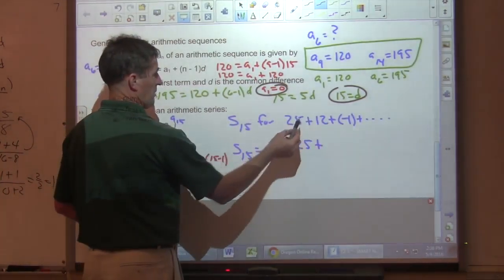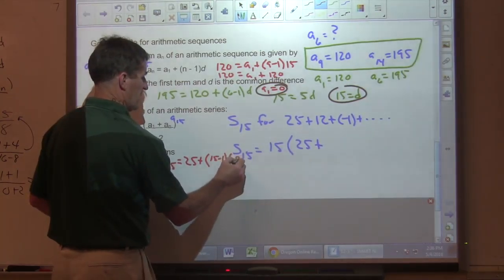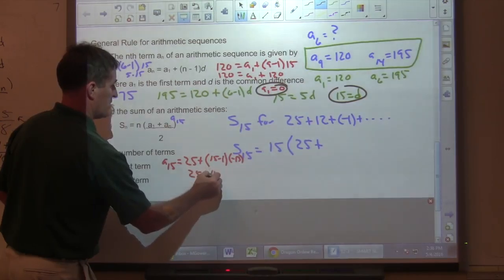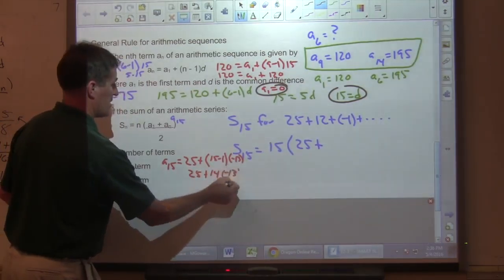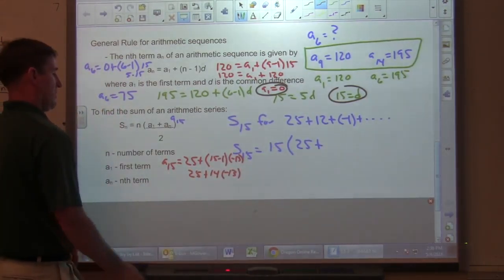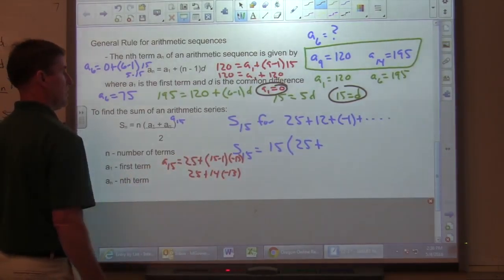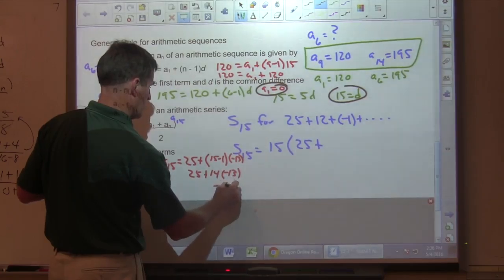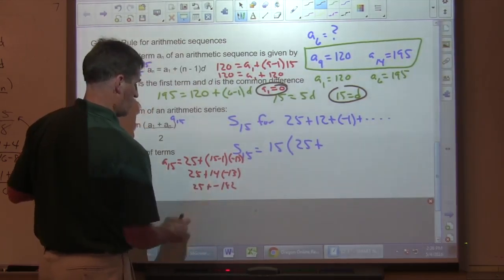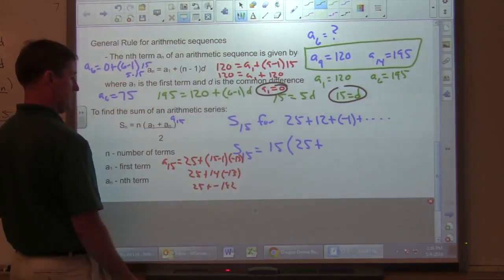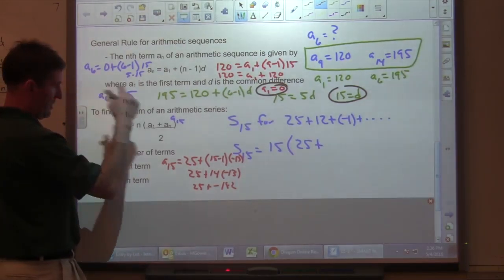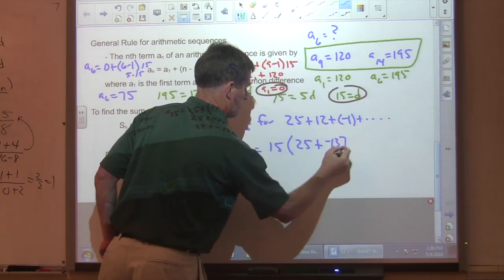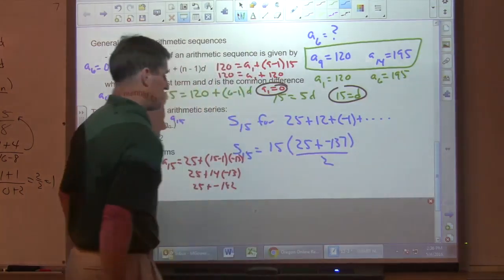Our d is 12 minus 25, so a negative 13. So we get 25 plus 14 times a negative 13, which is negative 182. 25 plus a negative 182 is a negative 157, divided by 2.